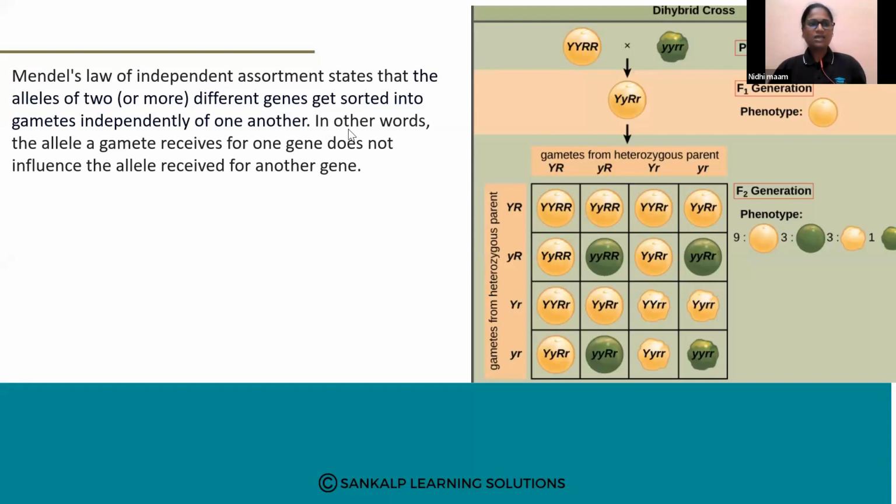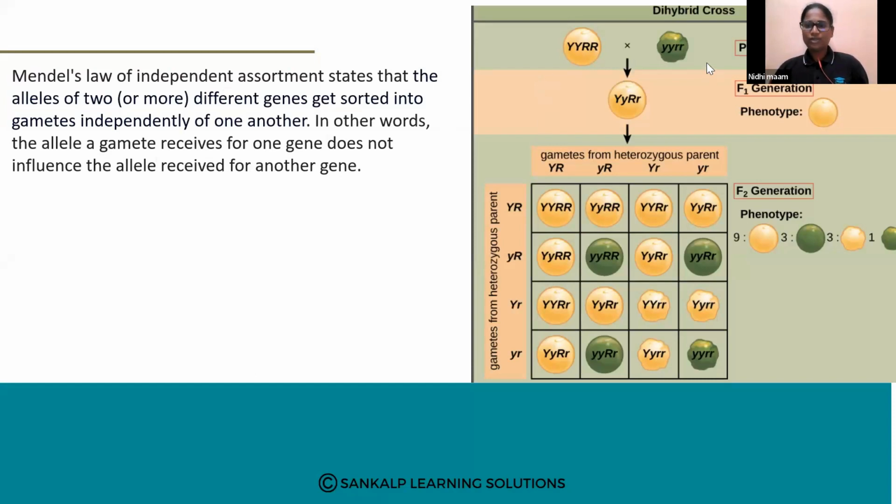In other words, the allele of a gamete received for one gene does not influence the allele received for another gene. So Deepak answered it. When two pairs of traits are combined in a hybrid, segregation of one pair of characters is independent of the other pair. Okay, this is also correct. Sita also answered it.